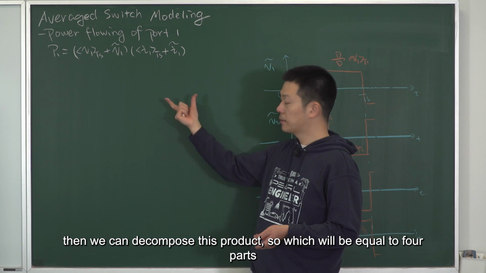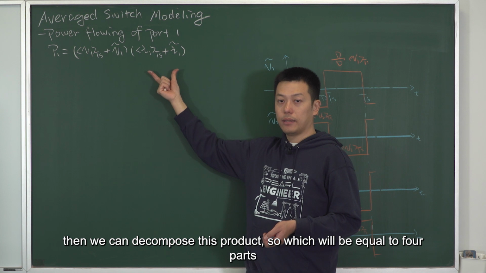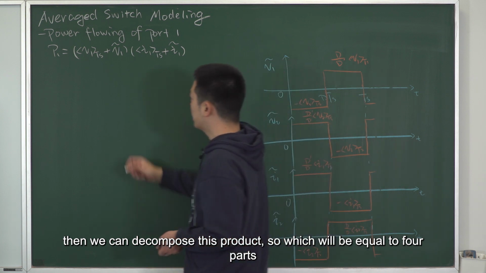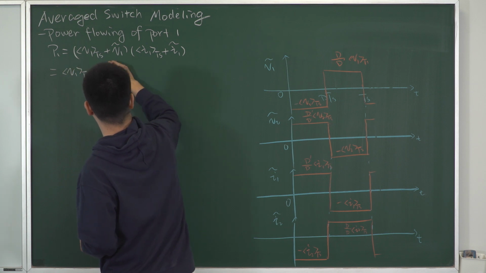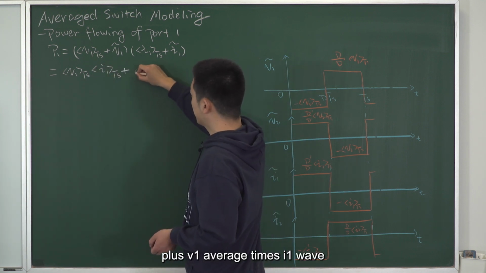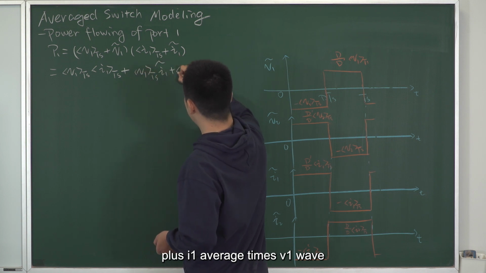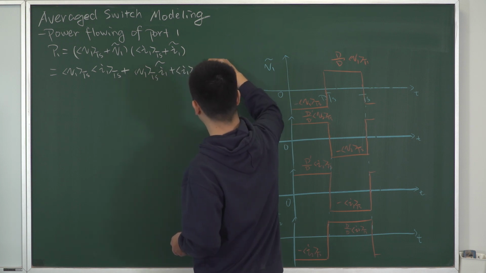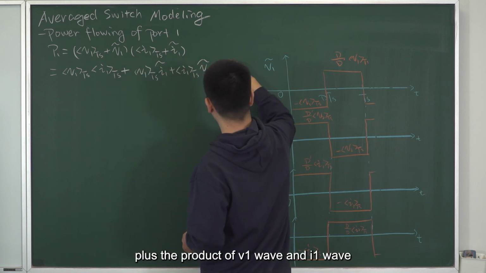Then we can decompose this product, which will be equal to 4 parts, right? Plus V1 average times I1 wave plus I1 average times V1 wave plus the product of V1 wave and I1 wave.